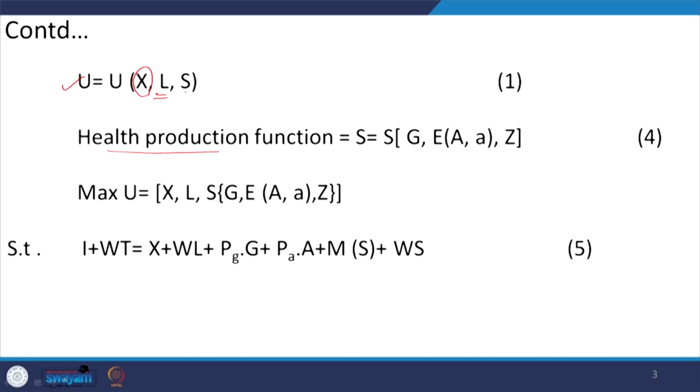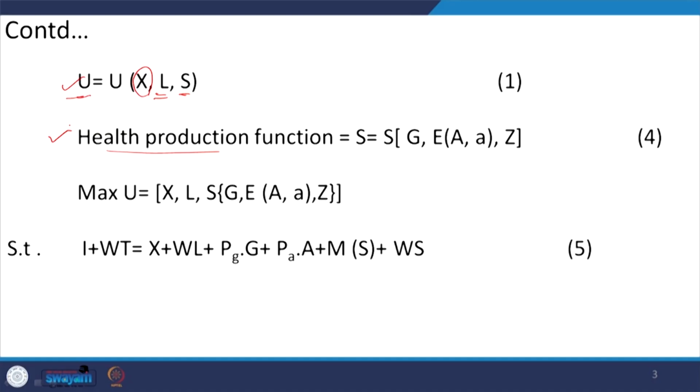And the third one that is essential here is the number of hours or days he is falling sick. Accordingly, the utility function of a particular individual can be finalized, and this is what we have already discussed, right.